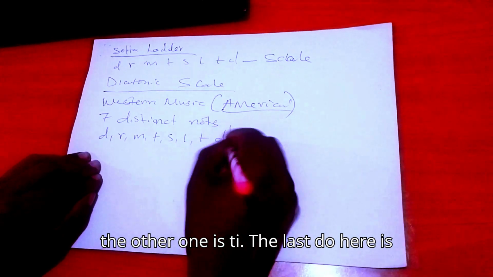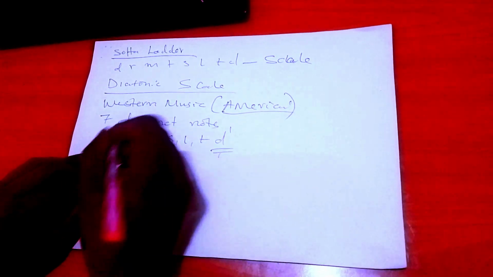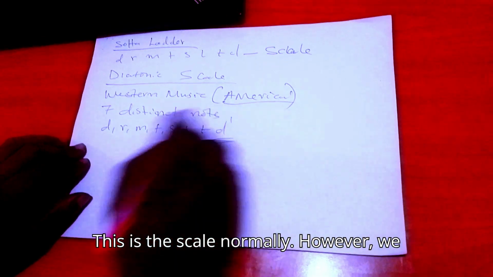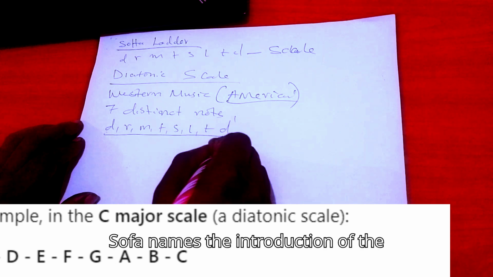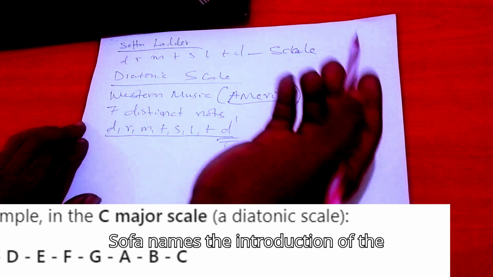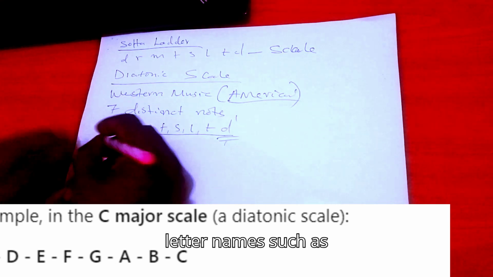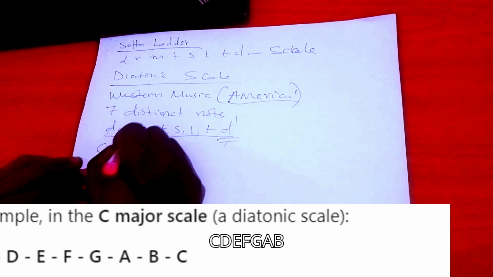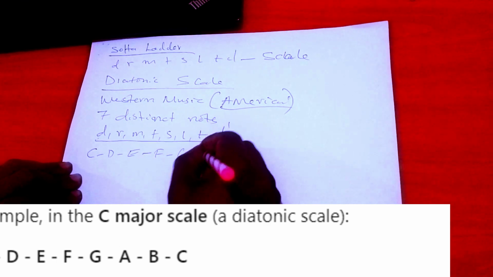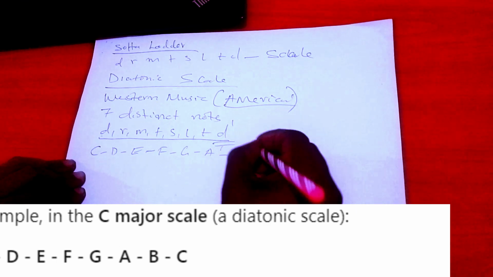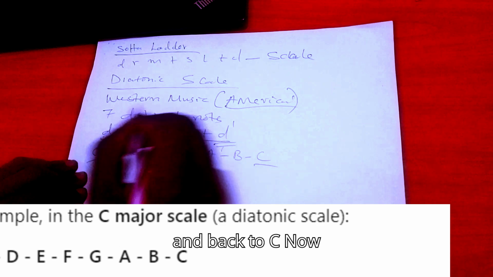The last do here is just a repetition of the first. This is the scale normally. However, we are going to use letter names instead of sofa names, the introduction of the letter names such as C, D, E, F, G, A, B, and back to C.